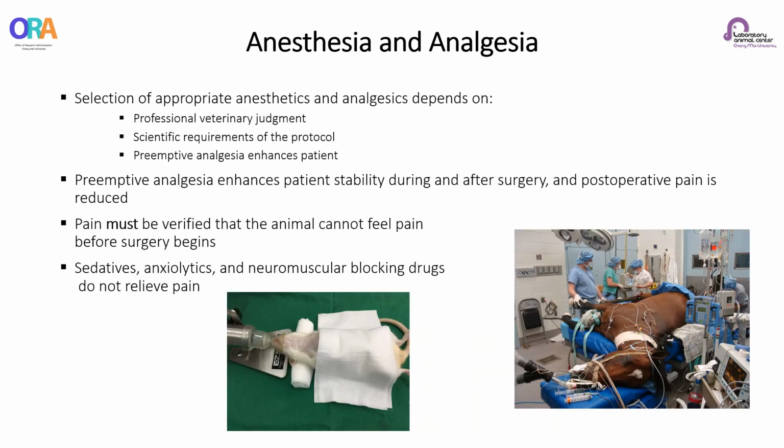Selection of appropriate anesthetics and analgesics depends on professional veterinary judgment, the scientific requirements of the protocol, and the use of preemptive analgesia, which means using analgesic drugs to control the many pathways of pain. Preemptive analgesia enhances patient stability during and after surgery, and post-operative pain is reduced.